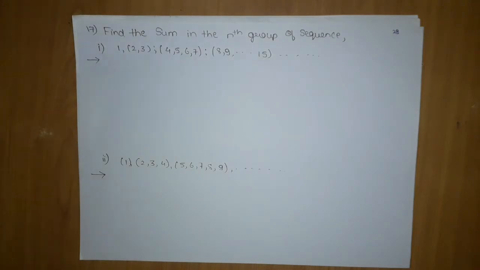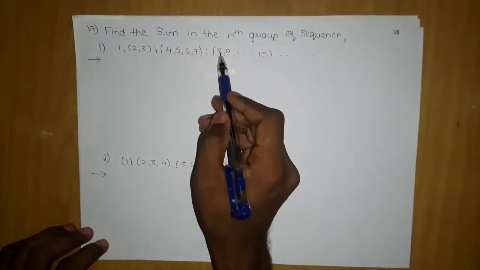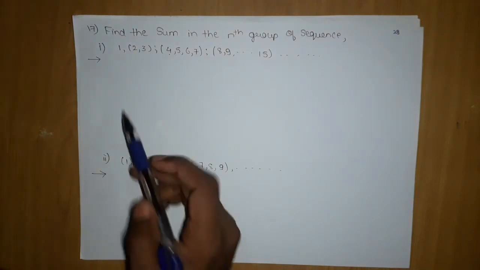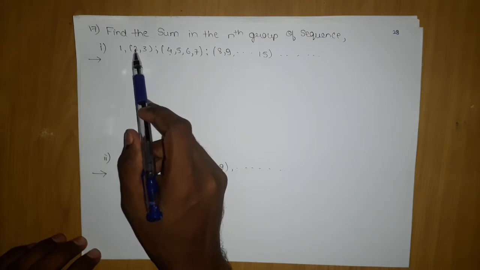So here we are getting 1, here we are getting 2, here we are getting 4, here we are getting 8. So one thing is confirmed that we are getting powers of 2: 2 square, 2 cube, and so on. If we observe here, 2 power 0, 2 power 1.